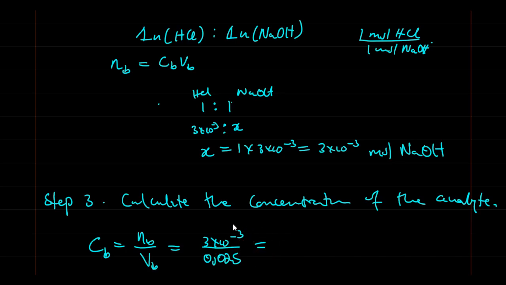So 3 times 10 to the power -3 divided by 0.025, we are going to have 0.12 mole per decimeter cube. You see, we are going to have that.